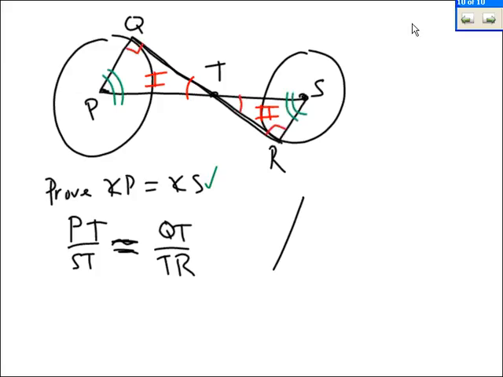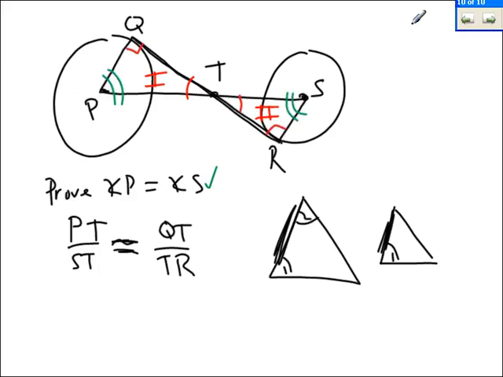In other words, if these are two similar triangles, they both have angle 1 here, angle 2 here, and angle 3 here. Angle 1s are equal, angle 2s are equal, or congruent if you prefer. This side is between 1 and 2, and this is between 1 and 2.